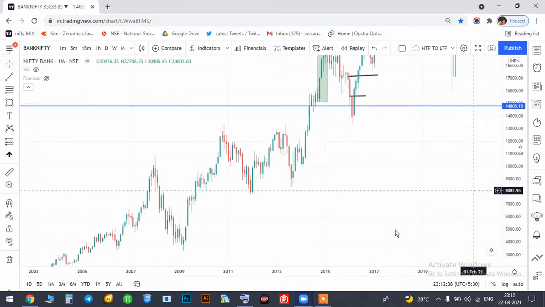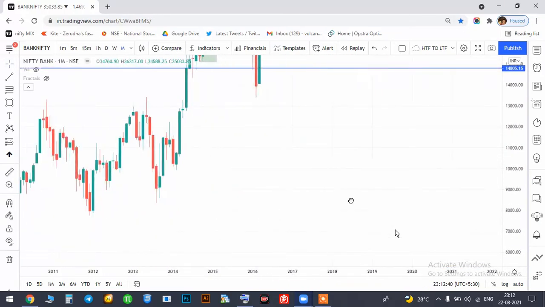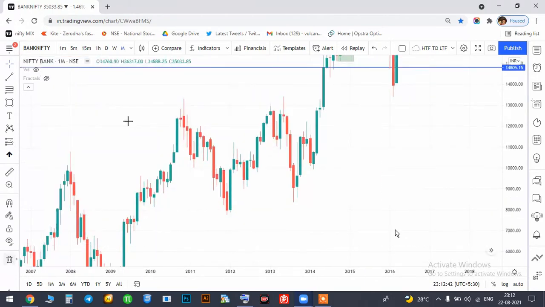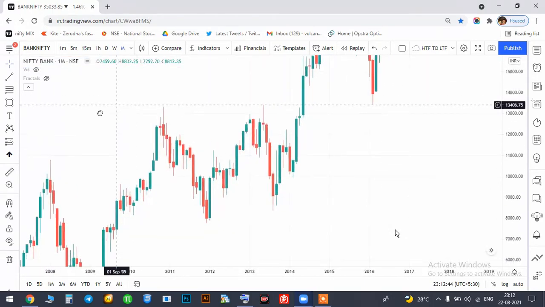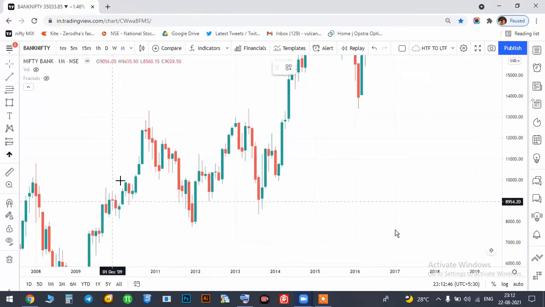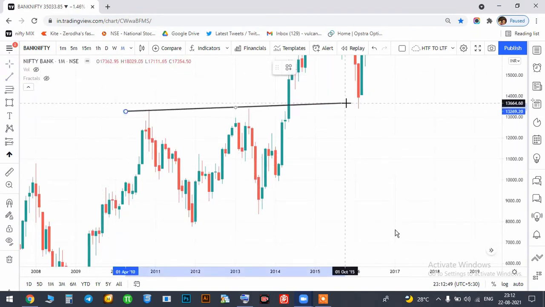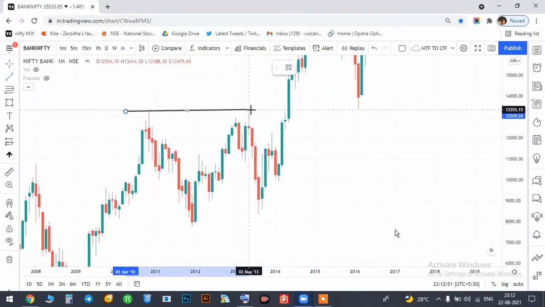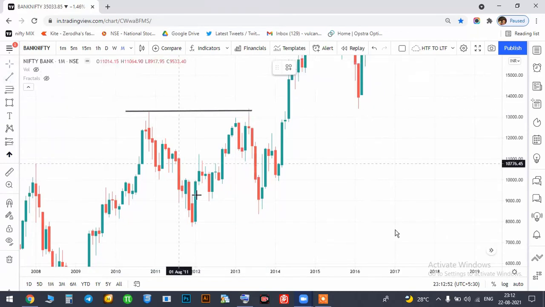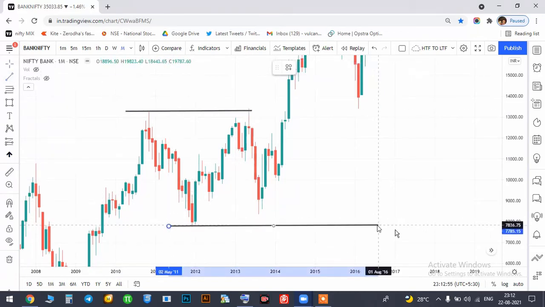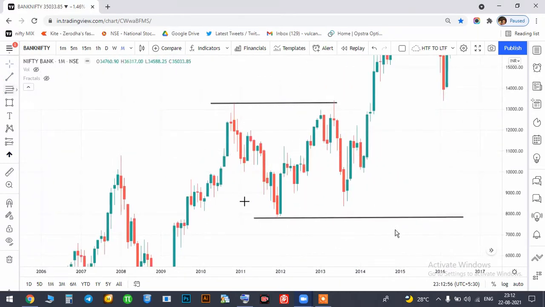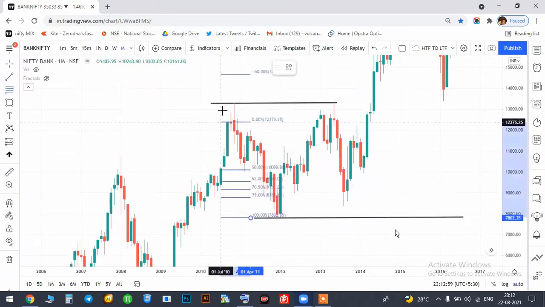Here again, suppose I am not seeing this momentum, but I am seeing this momentum. Now what I will do is mark the swing high and swing low.